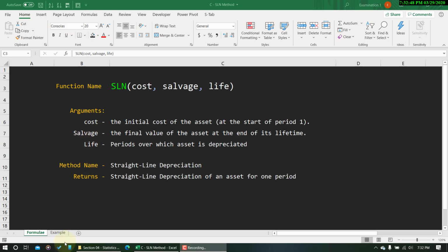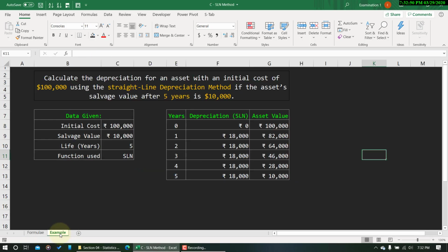Okay. Now, to have a better understanding of this, let's take an example that I'm going to purchase something with an initial cost of 100,000, and its salvage value is 10,000. So that means after the 5 years, which is the useful life of this machine, I'm estimating that its salvage value will be 10,000 only.